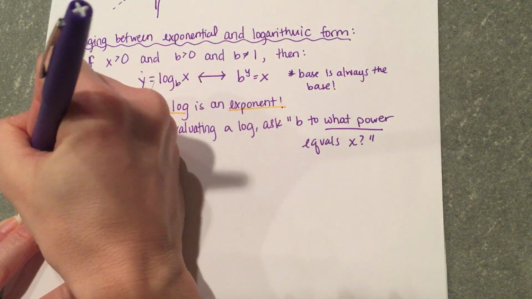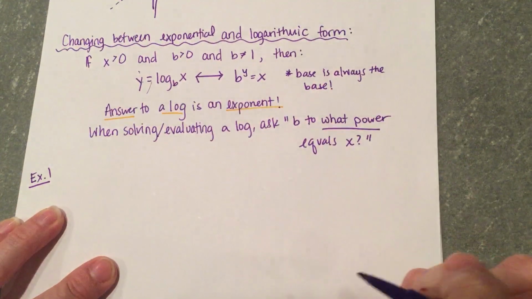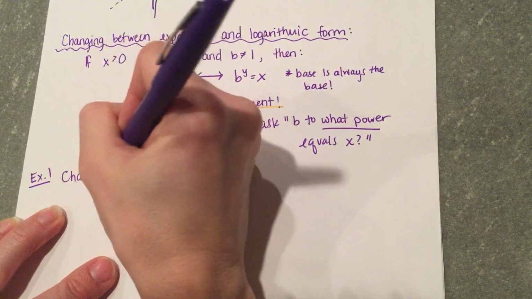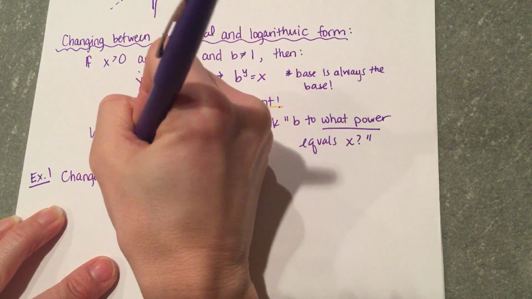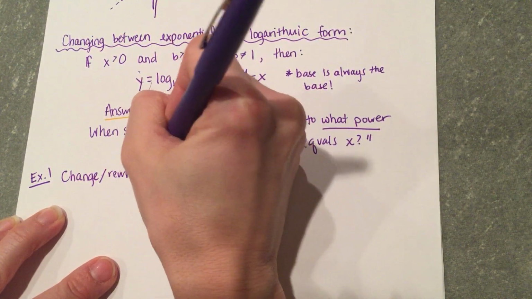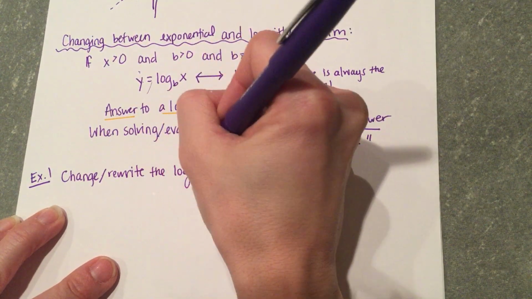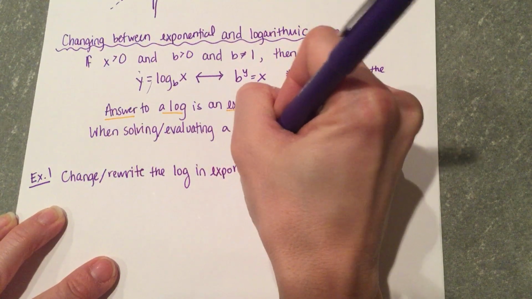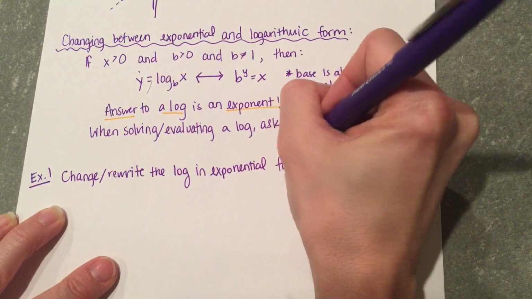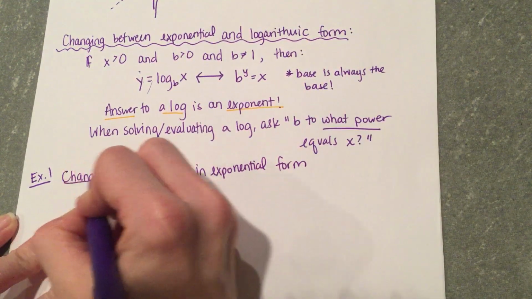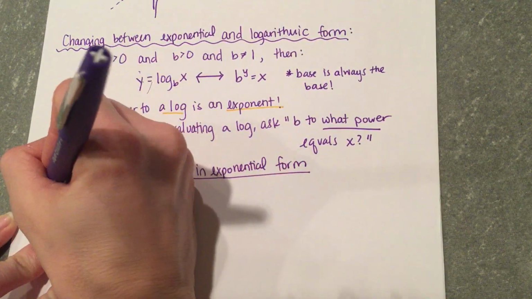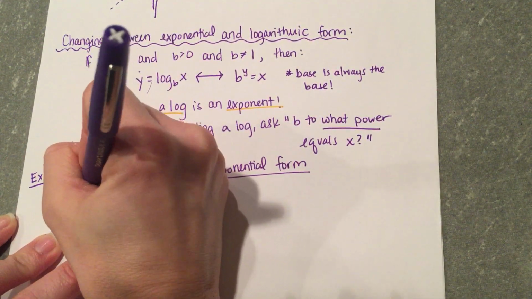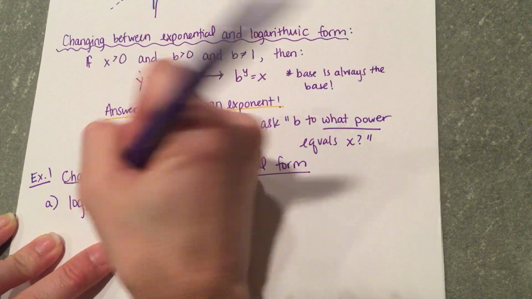So for our first example, we're going to change or rewrite the log in exponential form. We'll do a few of these. So the first one, log base 3 of 9 equals 2.